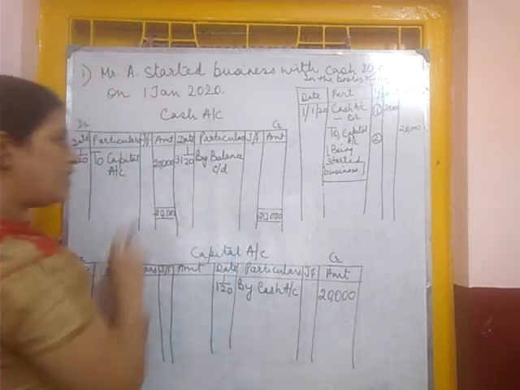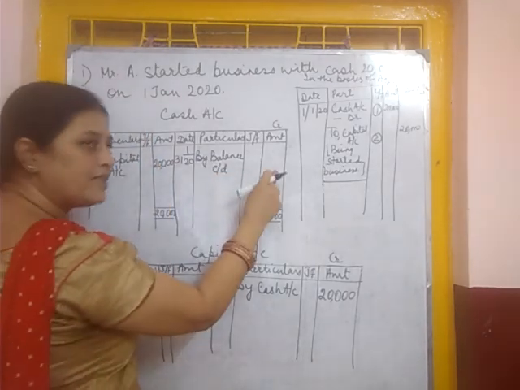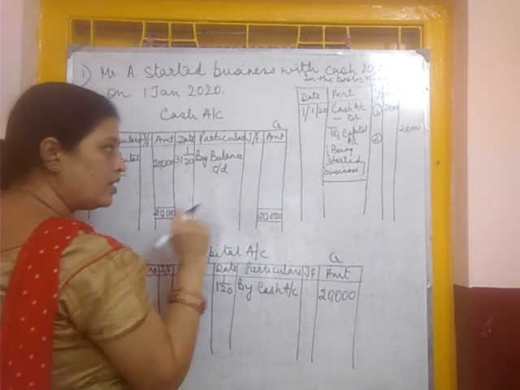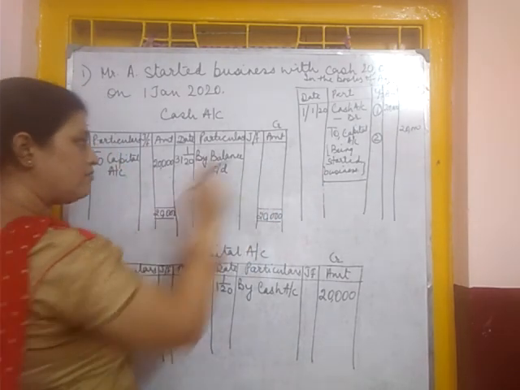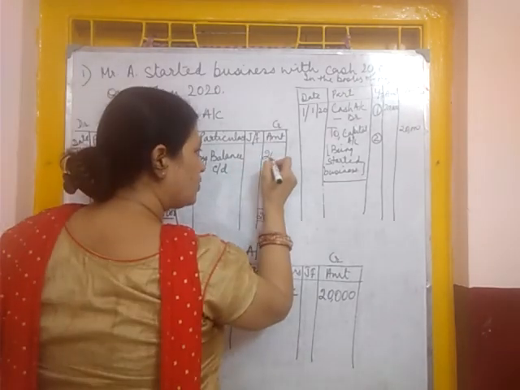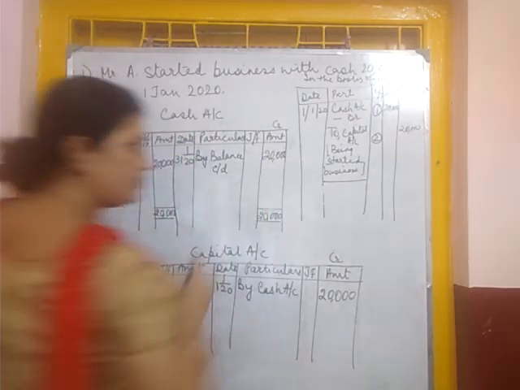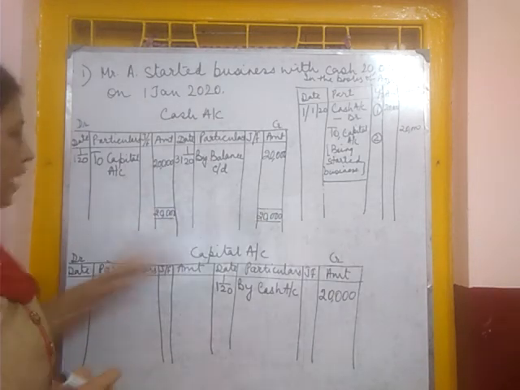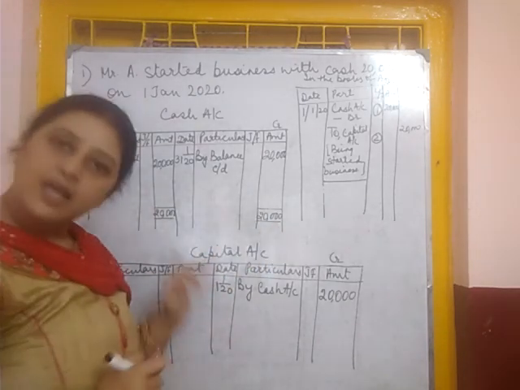How much? 20,000 minus 0. Here the total is 0, nothing means 0. So 20,000 minus 0 is 20,000. So we will write 20,000 here as well. In this way you will see both the sides are equal now.